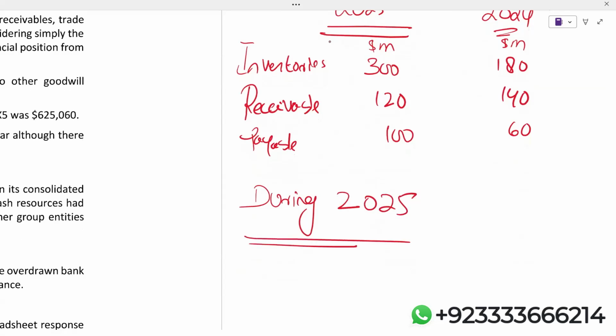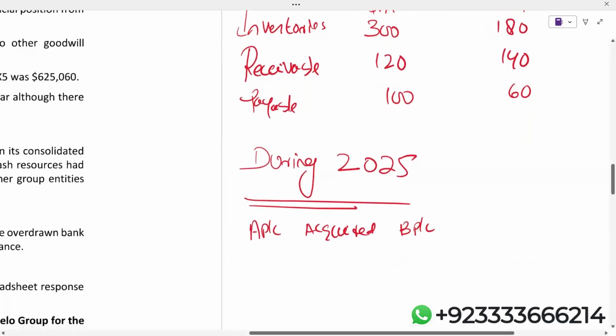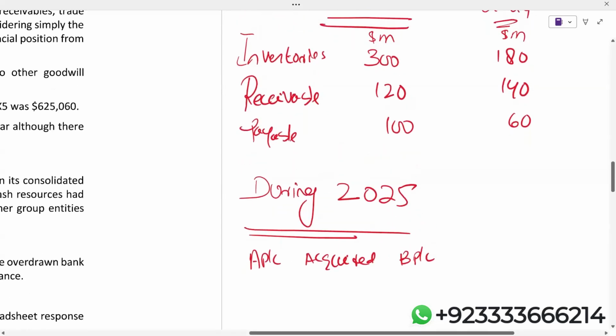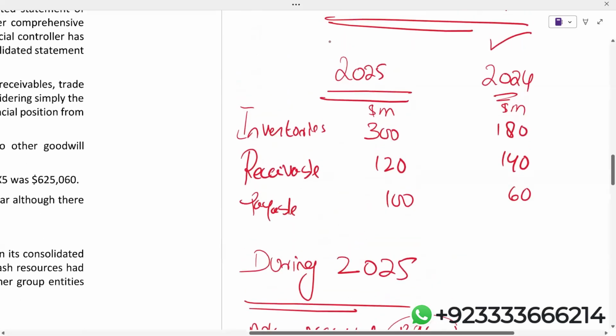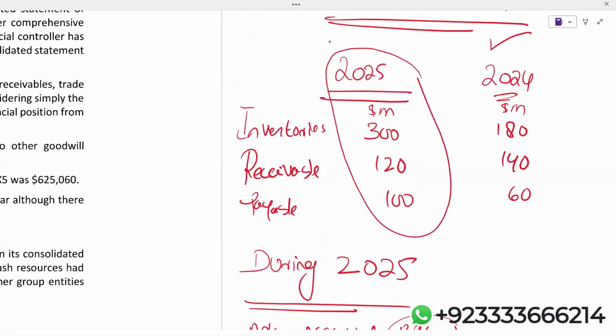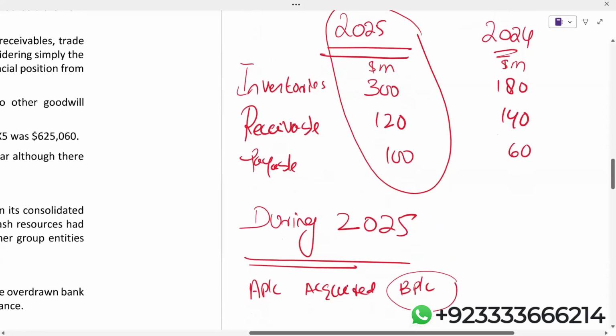During 2025, APLC acquired BPLC, and we know that acquisition of subsidiaries is an investing activity. Obviously, during 2025 APLC has acquired BPLC. It means the Group SOFP as at 31st December 2025 will have the impact of inventories, receivables and payables of BPLC.